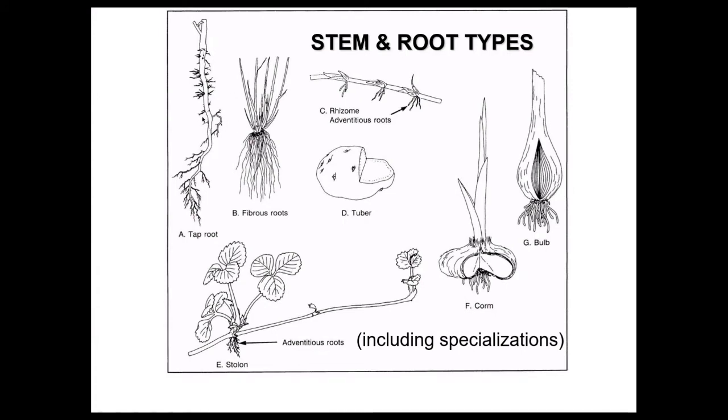Taproots and fibrous roots are the major types that we talked about earlier. Now, two other confusing types that we'll see in a subsequent slide are onion bulbs and corms. An onion bulb is mostly made up of fleshy leaves, and the stem is down here. Next time you longitudinally section an onion in the kitchen when you're cooking, look and see that the stem is right down here at the base, and you can actually see the apical meristem.